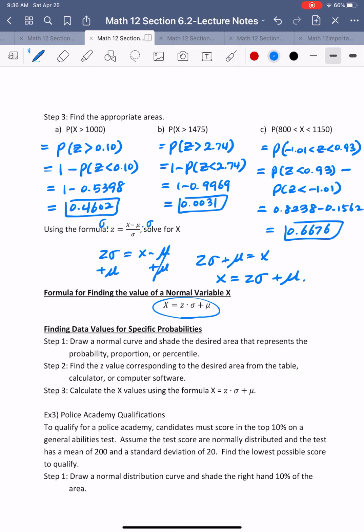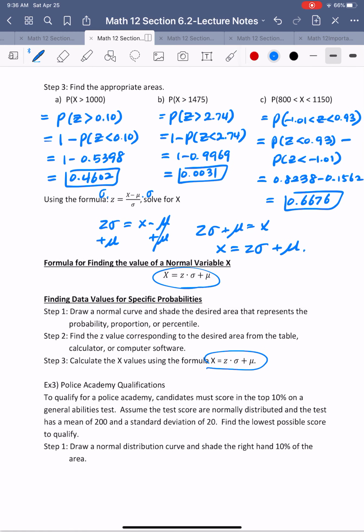So draw a normal curve and shade the desired area that represents the probability, proportion, or percentile. Find the z-value corresponding to the desired area from the table, calculator, or computer software, and then calculate the x value using the formula. So let's get to the problem.